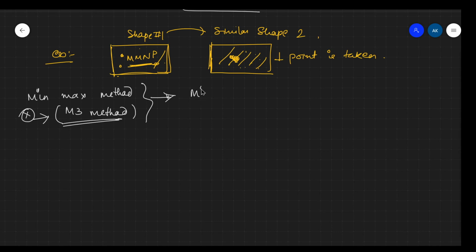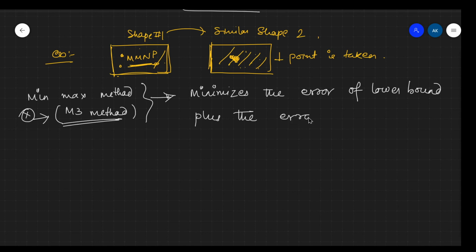It minimizes the error of the lower bound plus the error of the upper bound.